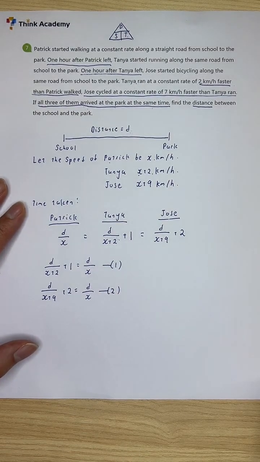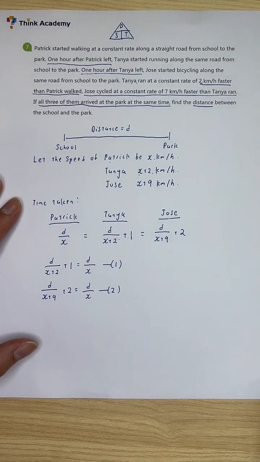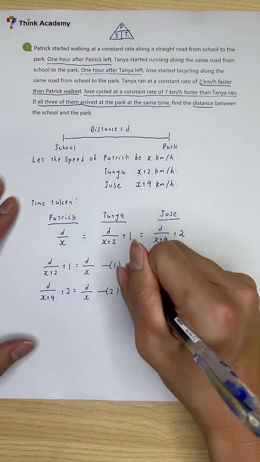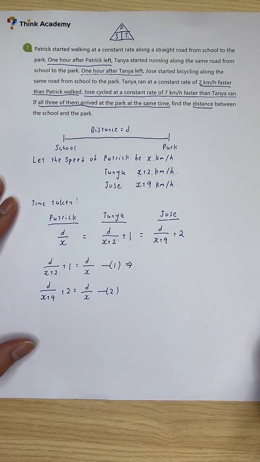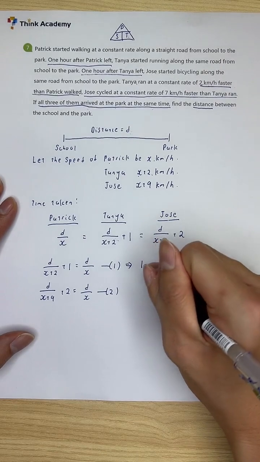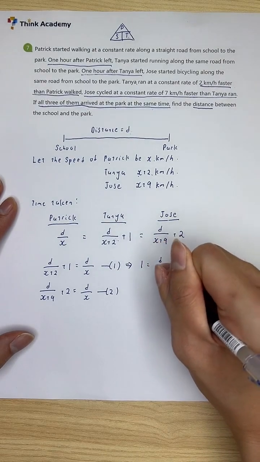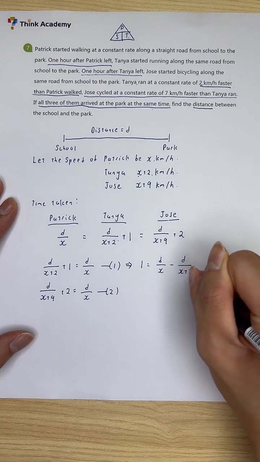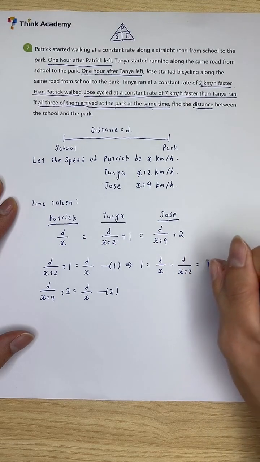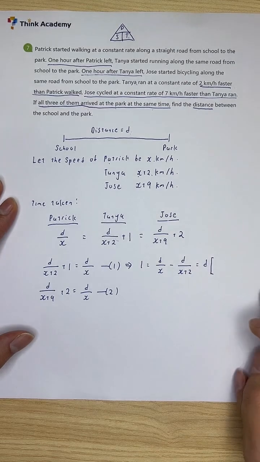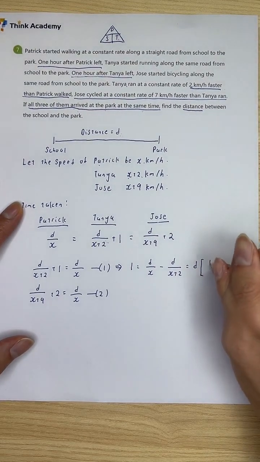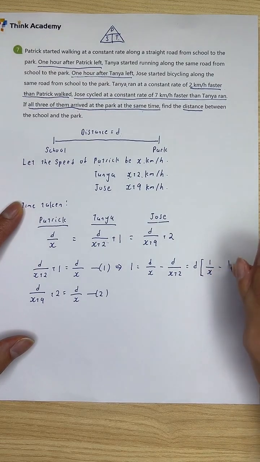We're going to employ the method of substitution over here in order to solve our equations. By rewriting 1, we can obtain 1 equal to d over x minus d over x plus 2, which is equal to d times, plucking the d out, 1 over x minus 1 over x plus 2.